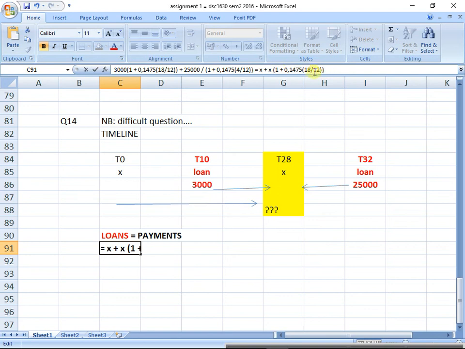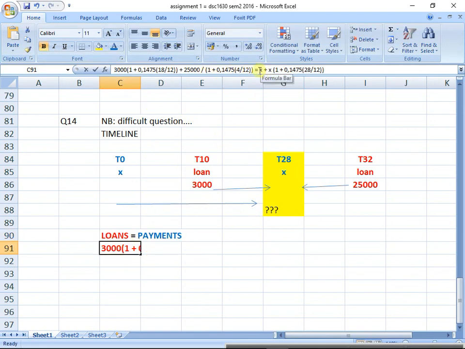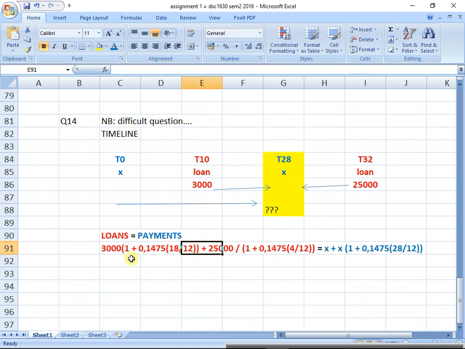How many periods did I take it forward? 28. Now I've got those x's, taken forward, and the 1x is at that point in time. Those are the payments. Does that make sense? I'm taking the 1 forward and the 1 back to get the final answer.